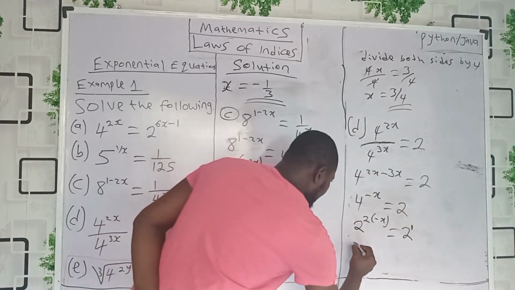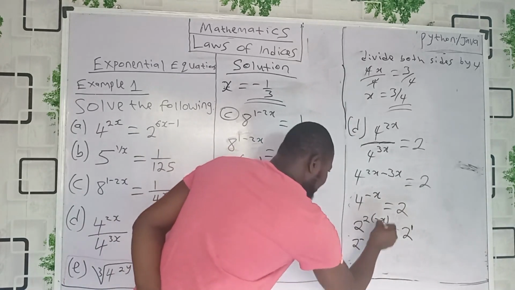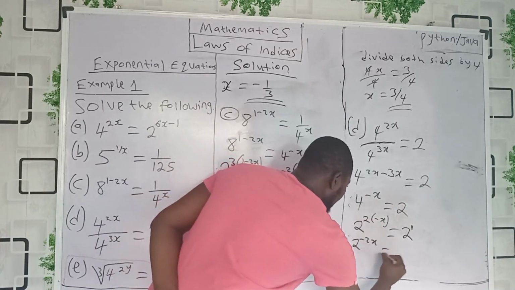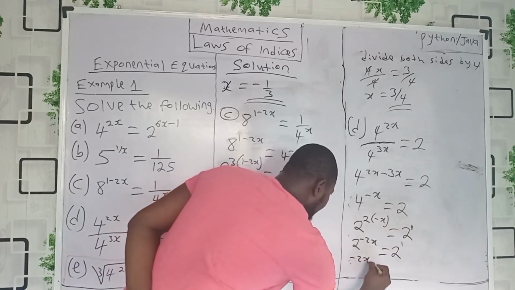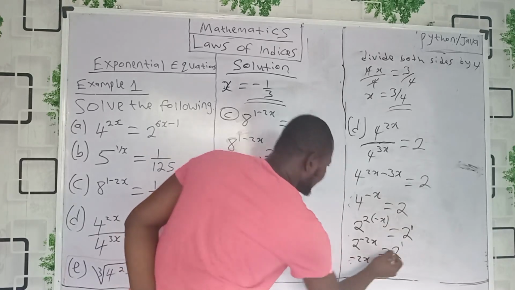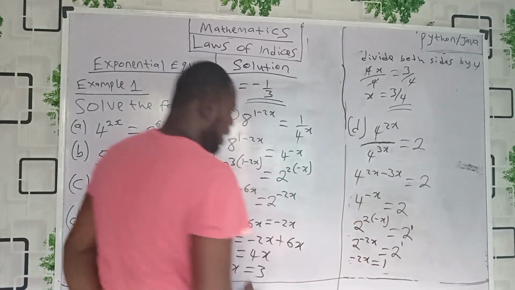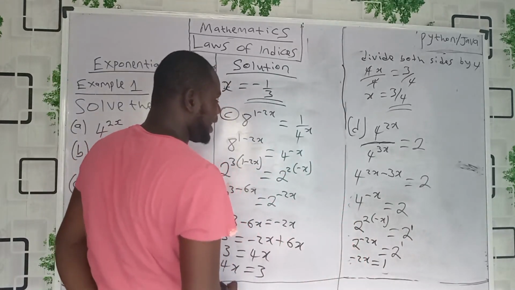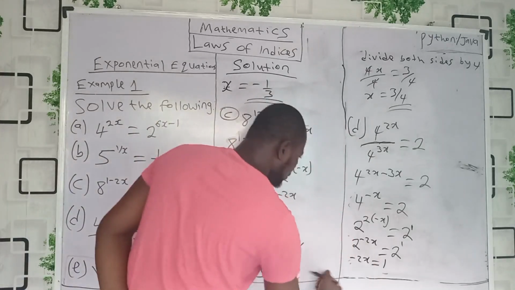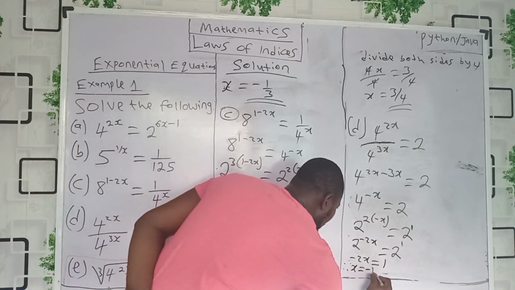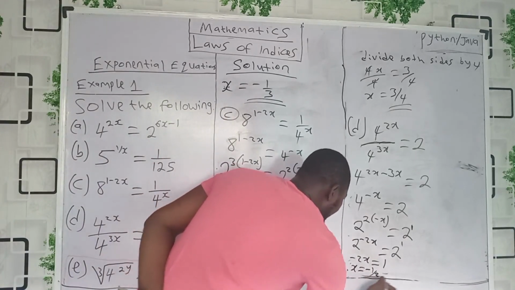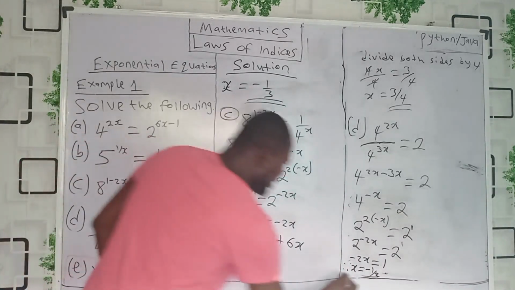Then 2 raised to power 2 times minus x, that's minus 2x, equal to 2 raised to power of 1. Bases are equal, therefore minus 2x equal to 1. Since the bases are equal, the powers are equal. So from here, if I divide both sides by minus 2, x will be equal to minus 1 all over 2.